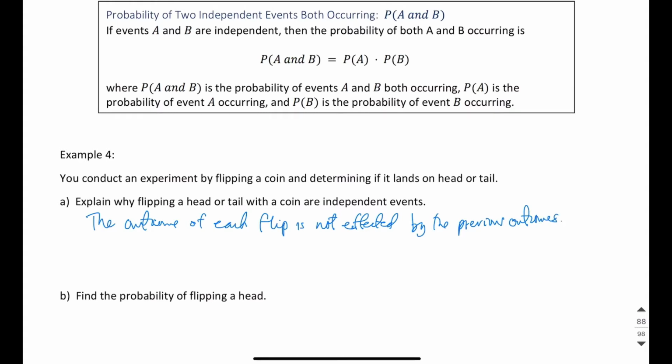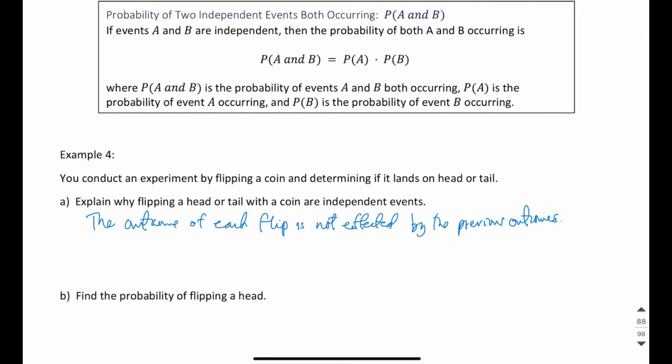Okay, so in this case, if we think about flipping a coin, there are two ways you can think about this. The first is that if you flip a heads first, the coin is not going to remember that it's already flipped a head, so it's not going to change what it does, right? The coin has no input on what the outcome is going to be.